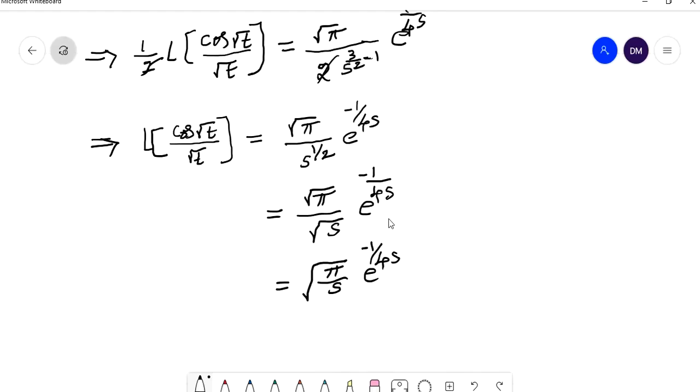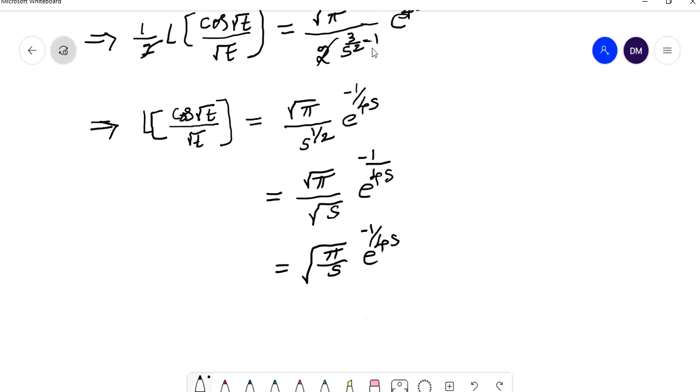So this is the first problem of the Laplace transform of derivatives, right. Now moving to the second problem.